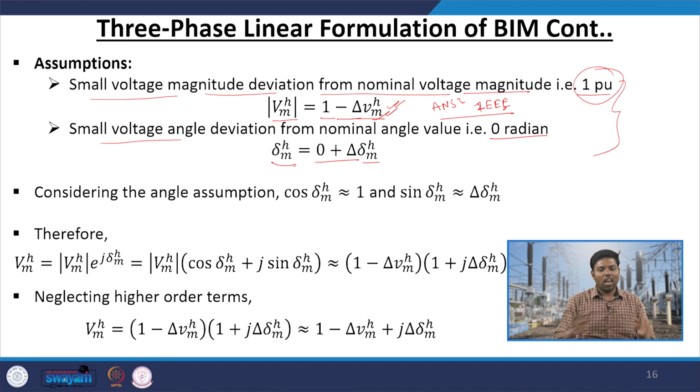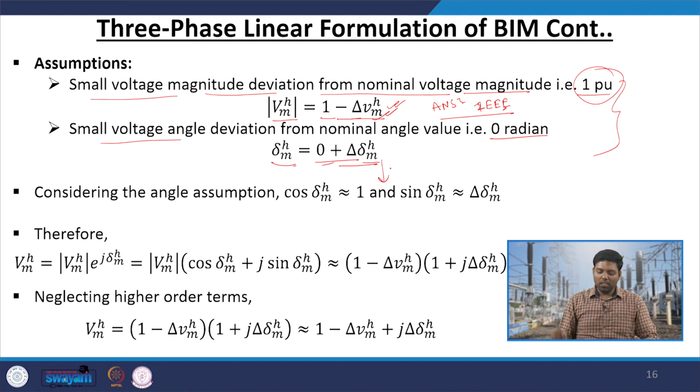Now, you start with the slack bus, your slack bus angle is already 0. So, you are trying to keep the bus angle of the next bus of the slack bus close to 0. Similarly, the next bus close to 0. So, always we will try to keep the angle difference, and henceforth the angle of each and every bus, close to the 0 value.